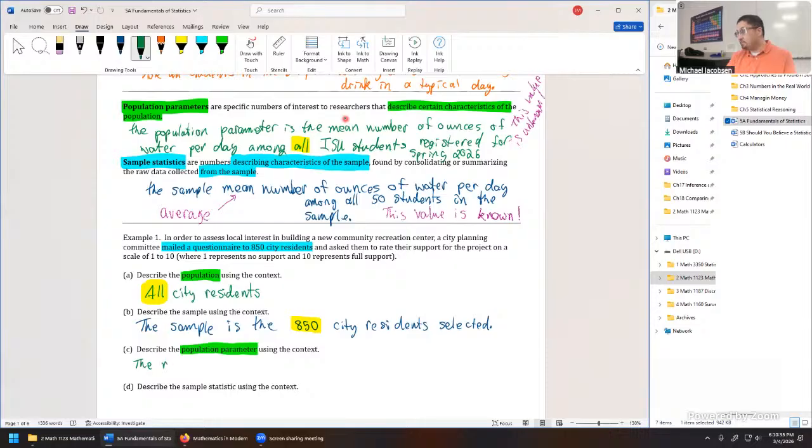I'll say the mean rating score for support of the community center among all city residents.